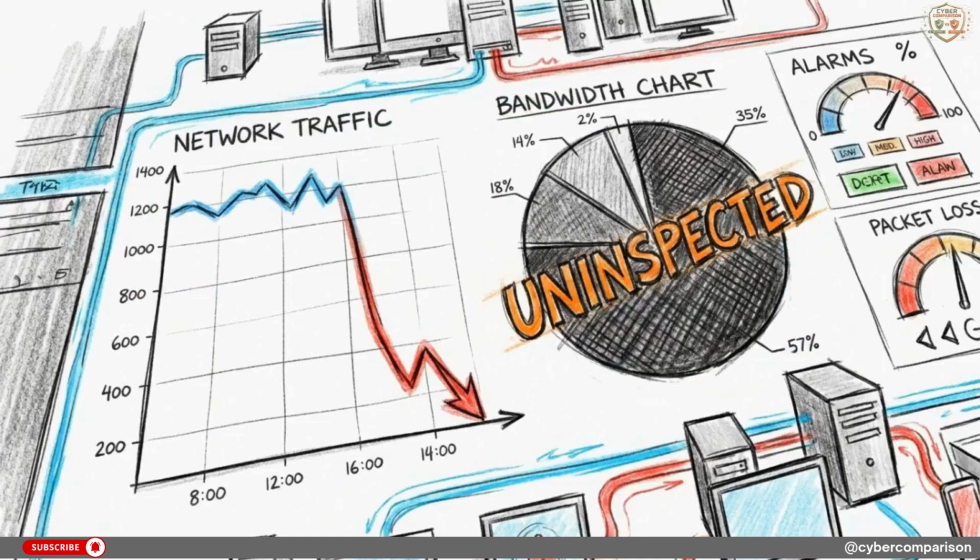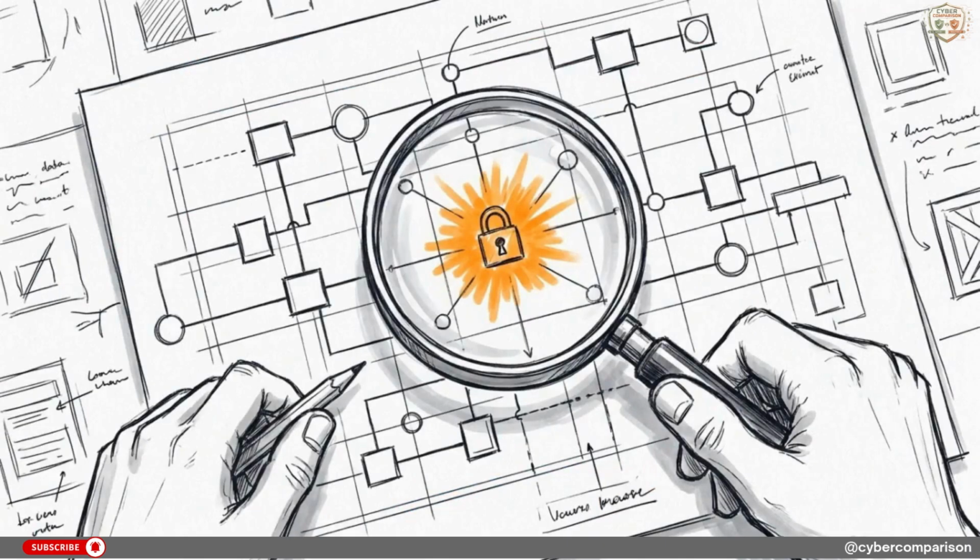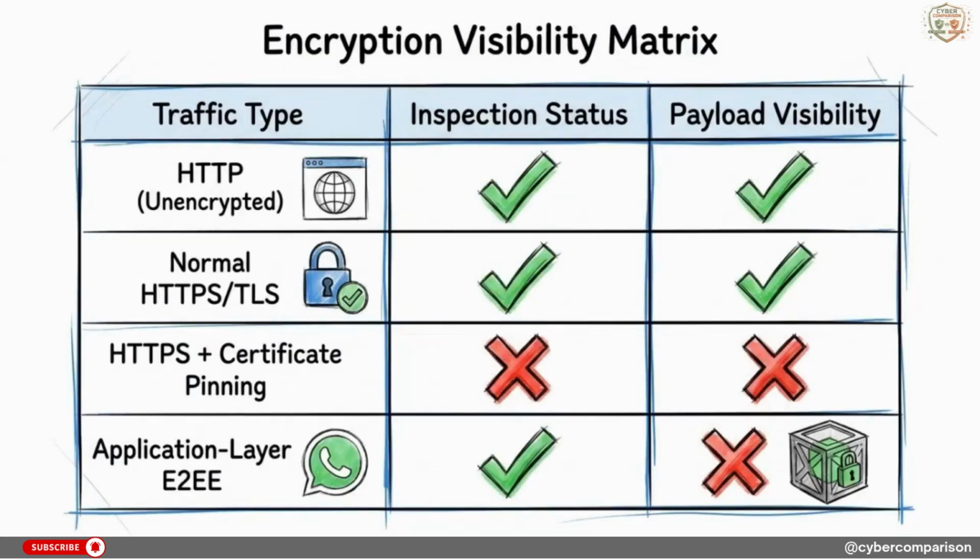End-to-end encryption combined with certificate pinning guarantees that any architecture relying purely on the network edge will have massive, unreadable traffic gaps. Before you can secure the traffic you cannot inspect, you need an exact accounting of what your network proxy is actually capable of reading. This matrix categorizes traffic. For HTTP and HTTPS, the proxy reads plain text, scoring green check marks for inspection and visibility.